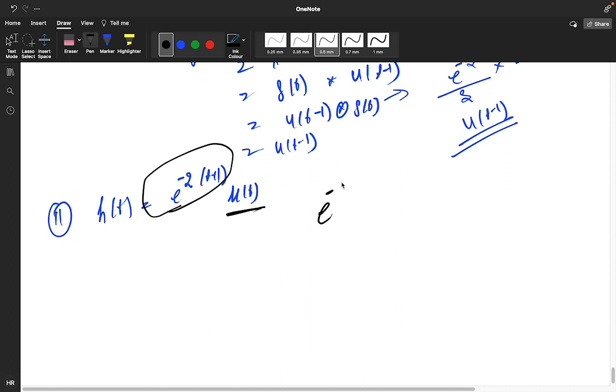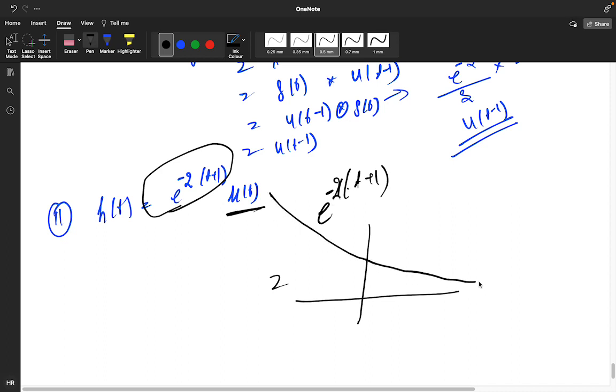E power minus 2 t plus 1: if t goes to minus infinity, minus minus becomes plus, so the value comes like this. When t is equal to minus 1, this is 0, so 1 is coming. Some particular value is coming like this, and it will become 0 like this.